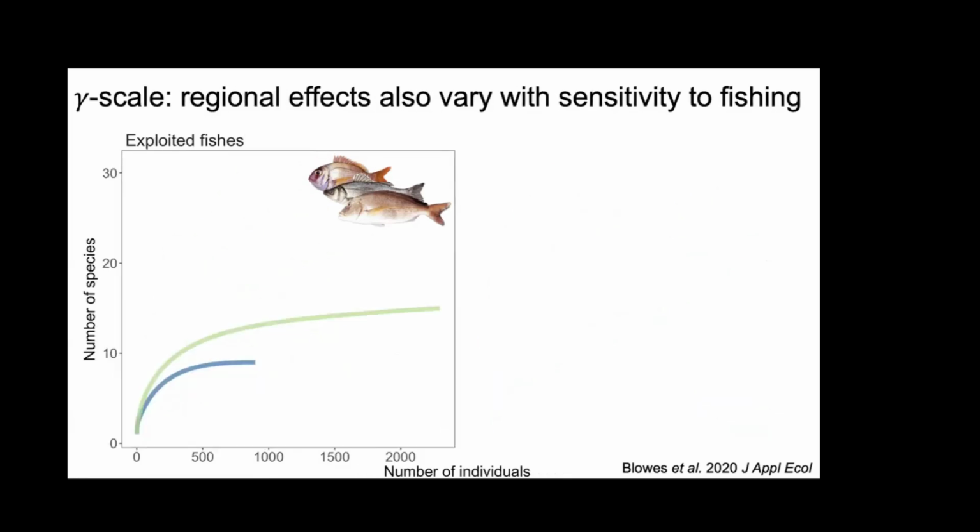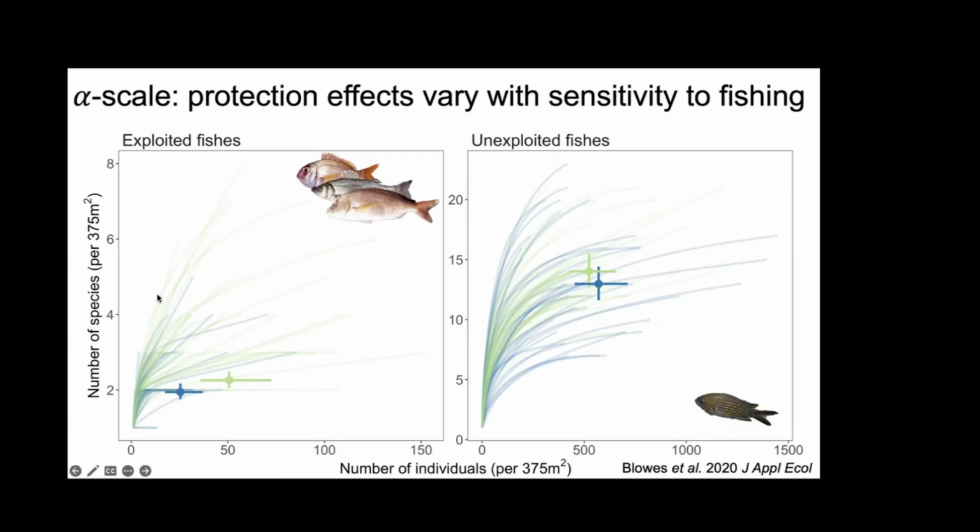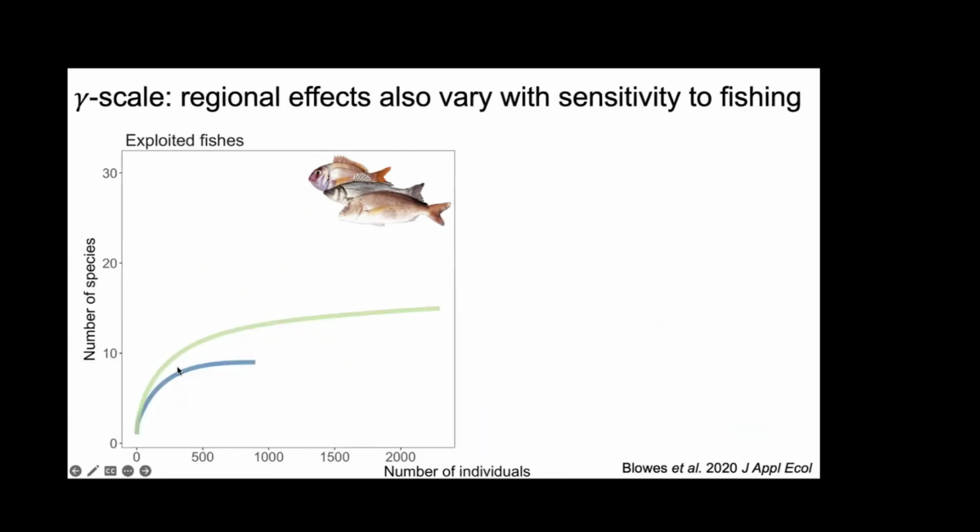So what happens when we combine all of these curves together? We can put them together when we have the raw data to begin this process of looking for whether or not we see scale-dependent effects. And the result that we find for these data is that we certainly see a strong effect across all of these reserves combined for the exploited fishes. We see more individuals.